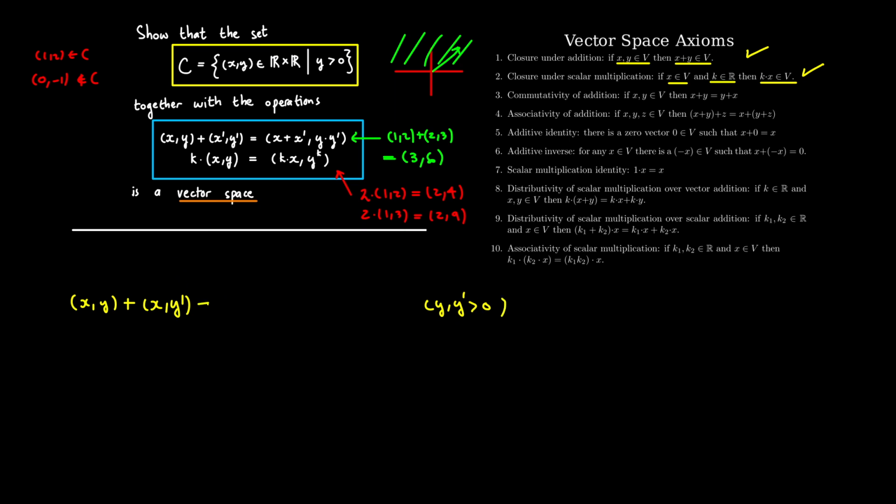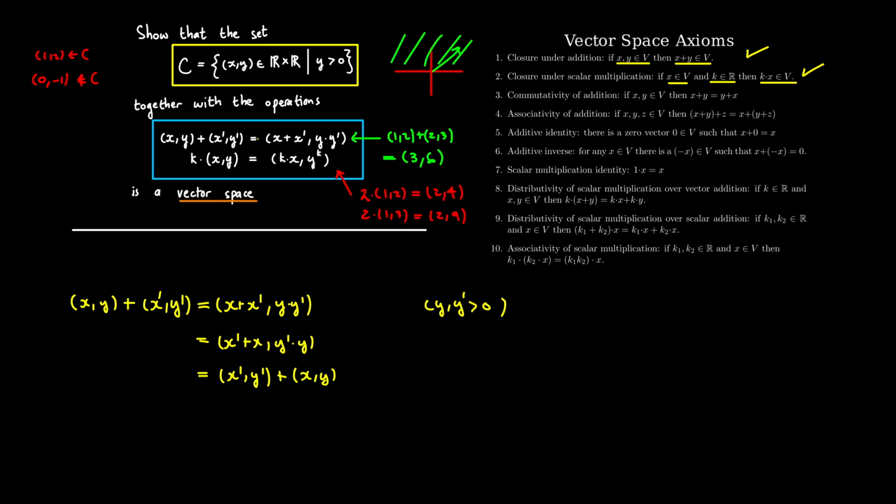And the way that we add is we just add the first components as usual. So we get this. And now what we do, we multiply. So we take y times y'. And again, similar to what we saw in just two-dimensional Euclidean space, this is equal to x' plus x, and then y' times y. And by definition, this is just (x', y') plus (x, y).